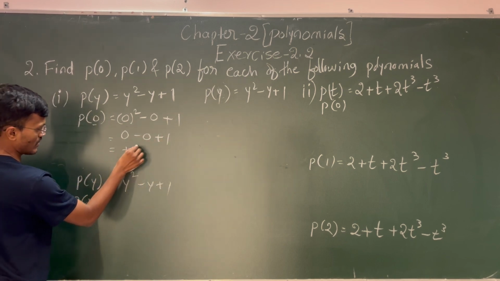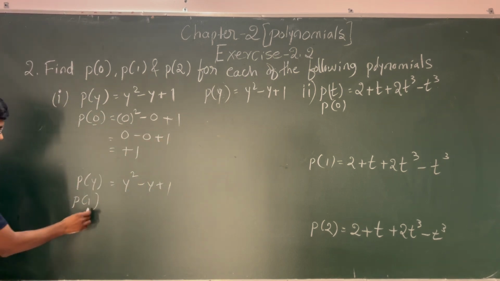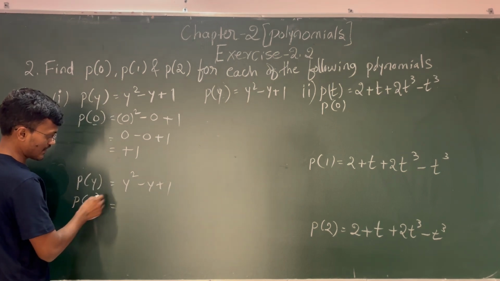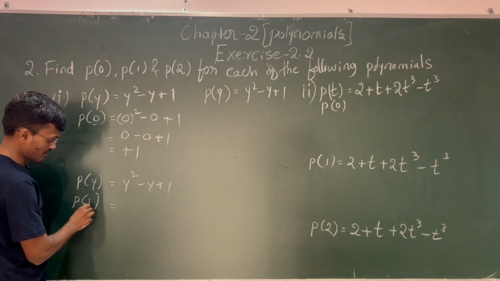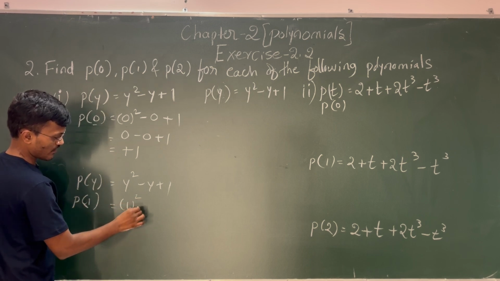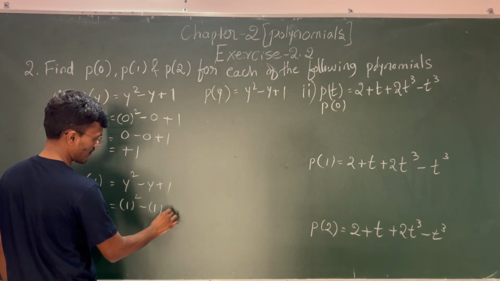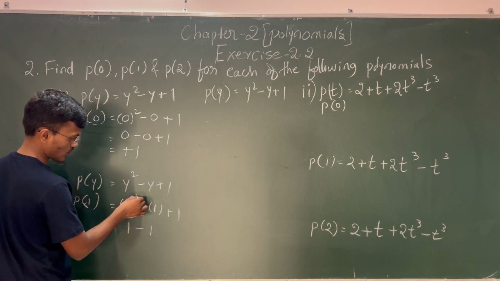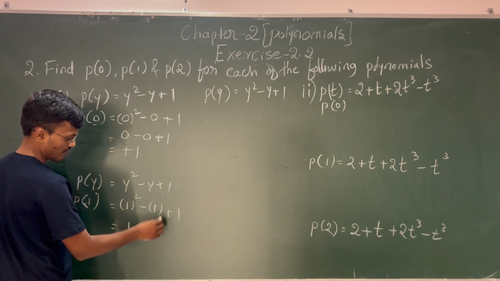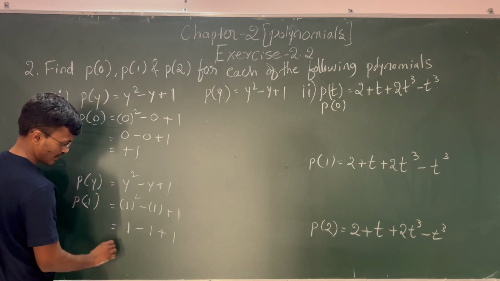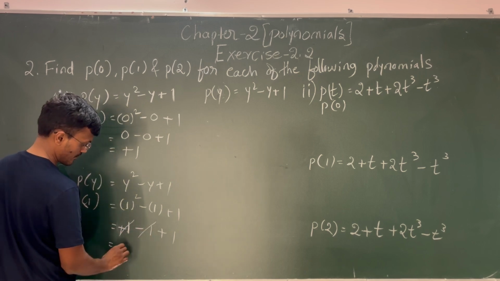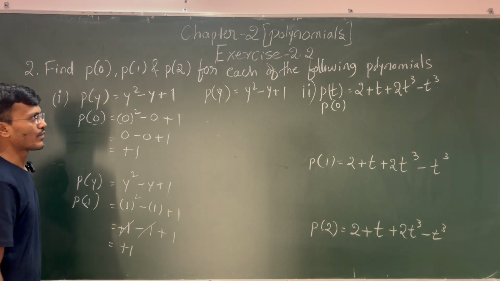The answer is plus 1. Whenever there is a y, you need to put a 1. 1 square minus 1 plus 1. So 1 square is 1, minus 1, plus 1. So plus 1 minus 1 cancel. Here the answer is 1.